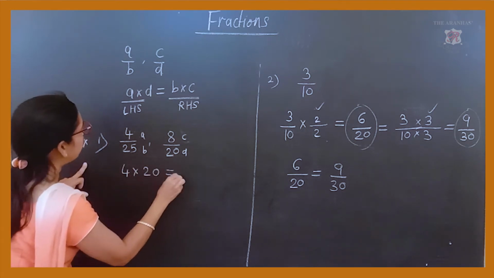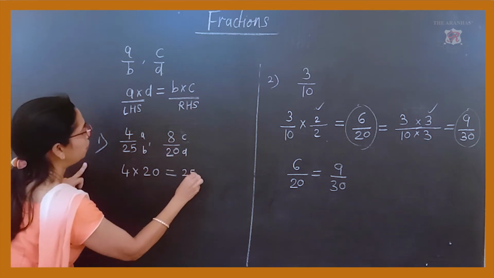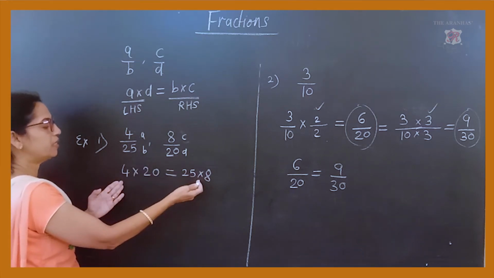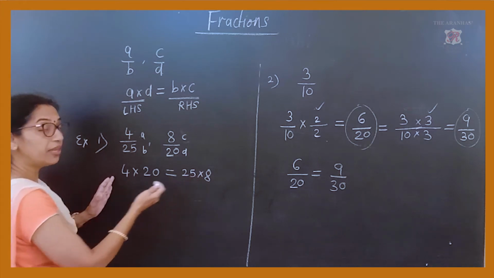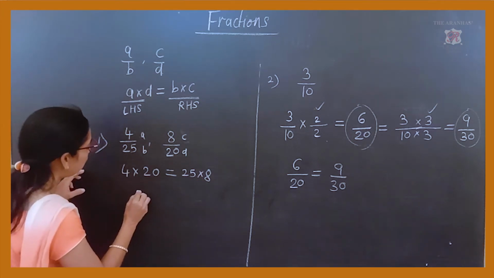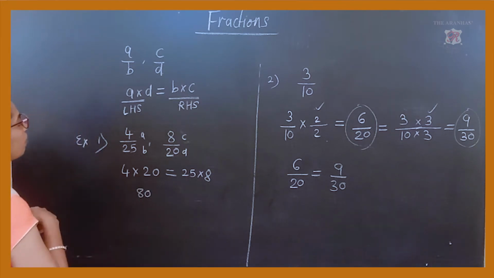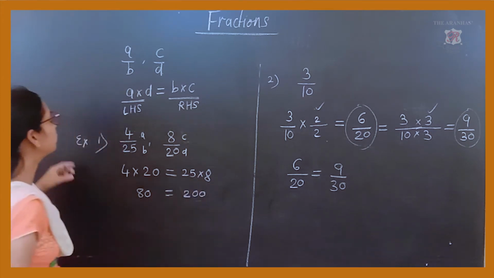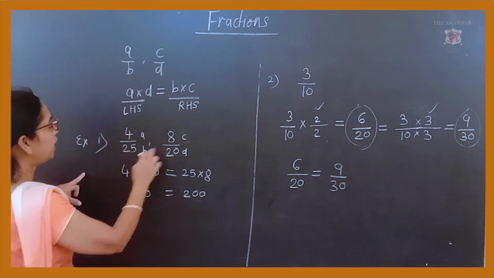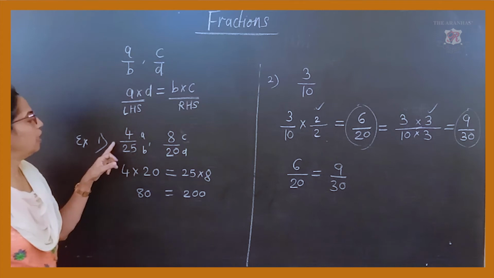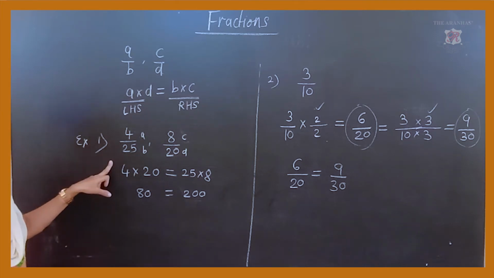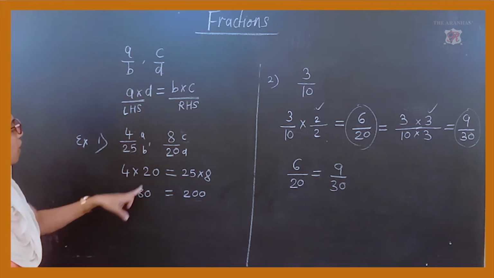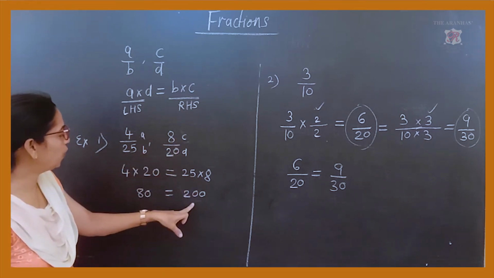Then b into c. Now 4 into 20 is 80, and 25 into 8 is 200.